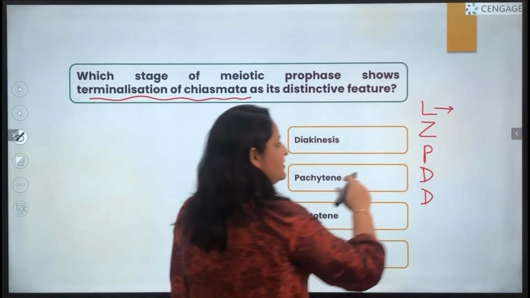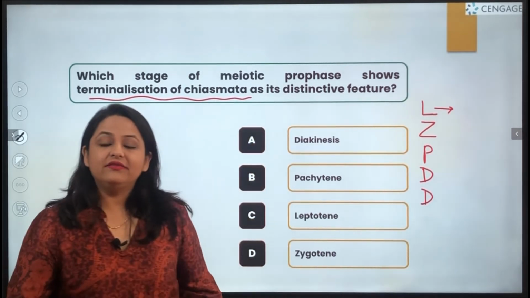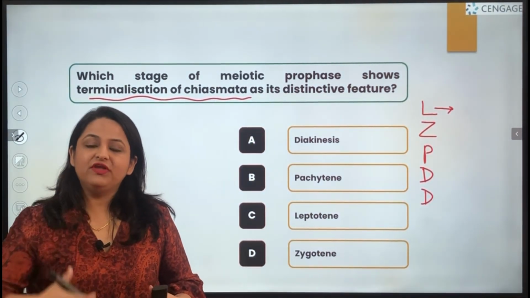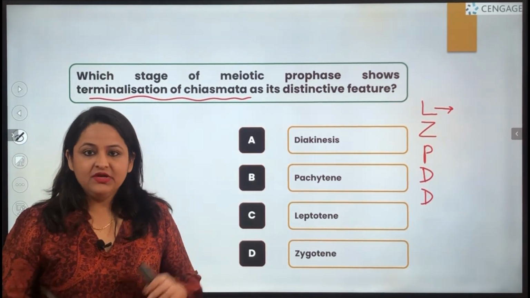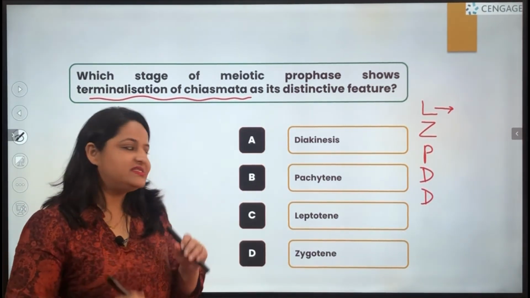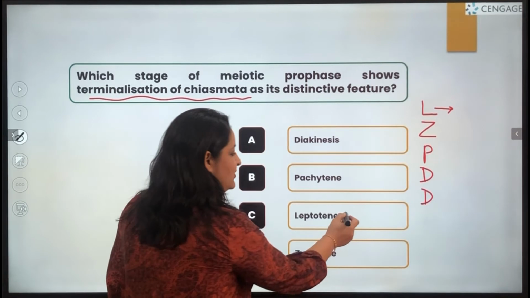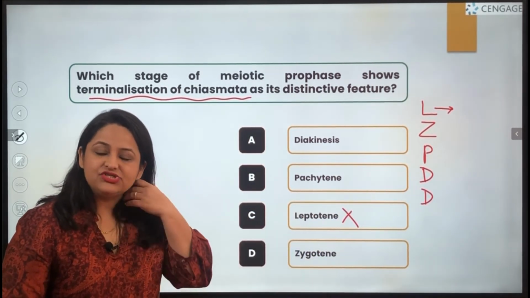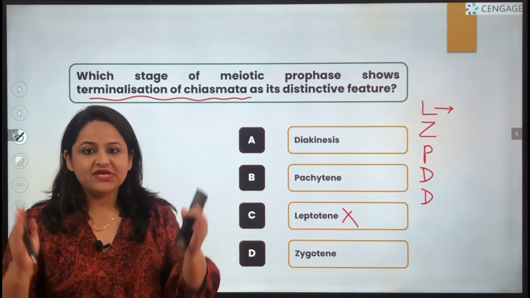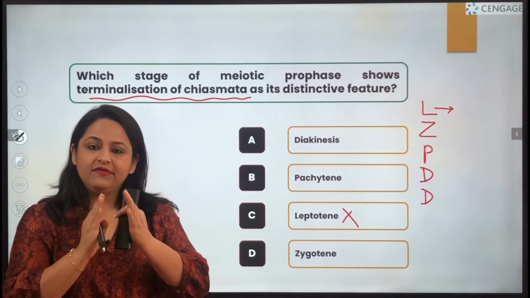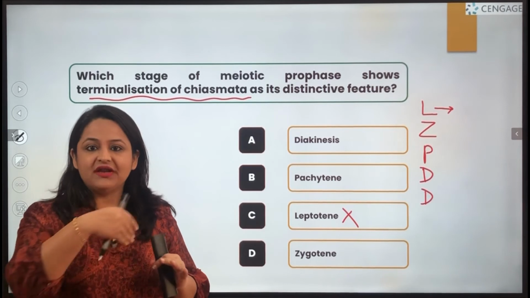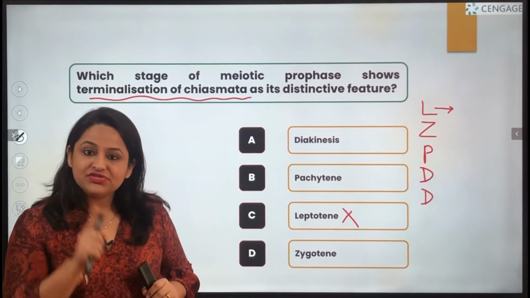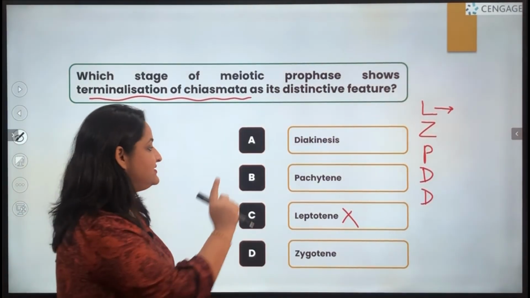Leptotene refers to that stage where the condensation of the chromatin fibers is happening. So condensation of chromatin fibers is seen in leptotene. Obviously leptotene will not be the answer. Then zygotene is that particular stage where the homologous chromosomes are now going to come together. They are going to form an association that is known as synapsis. So synapsis is seen during the zygotene.